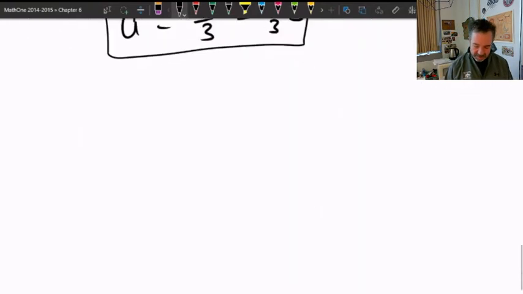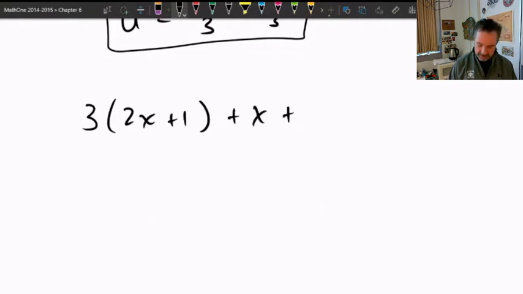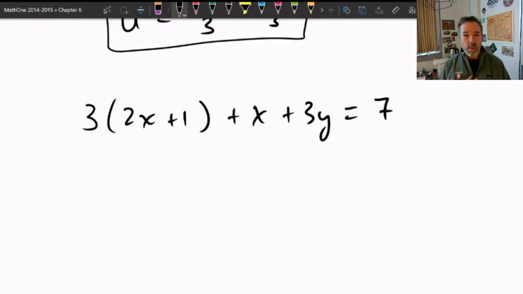Let's look at one more example like this, and then we'll be done with this. Let's say that I have 3 times 2x plus 1, plus an x, plus 3y equals 7. And I want to solve for x. I want to get x alone. Well, it's a little complicated because I've got these parentheses here.